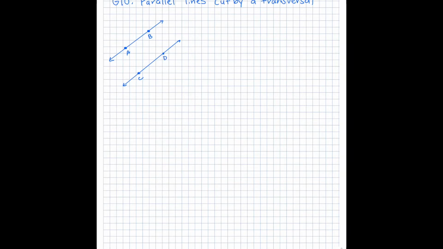So what do we already know about parallel lines? Parallel lines do not intersect. That's one thing we know. In order for them to not intersect, they need to have the same slope.